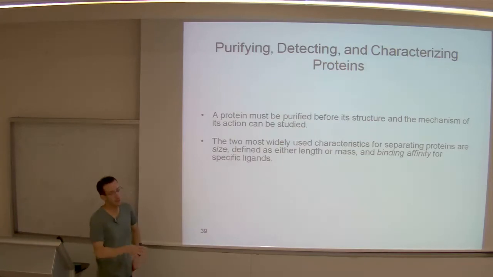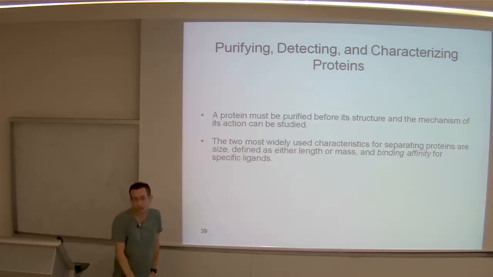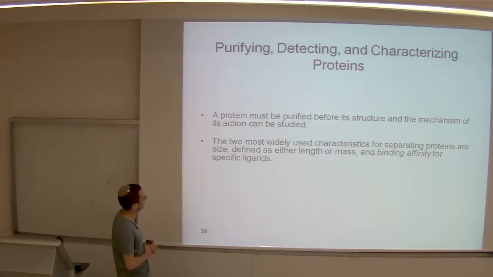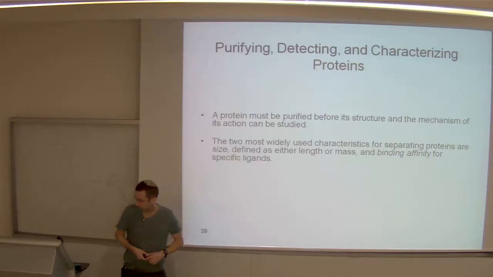And so many methods are involved in laboratories to purify proteins. You can purify proteins by using each of their characteristics: their charge, their size, sometimes their shape, their affinity for binding other molecules. And according to Lodish, anyhow, the two most widely used characteristics are binding affinity to a specific ligand or the mass of a protein.